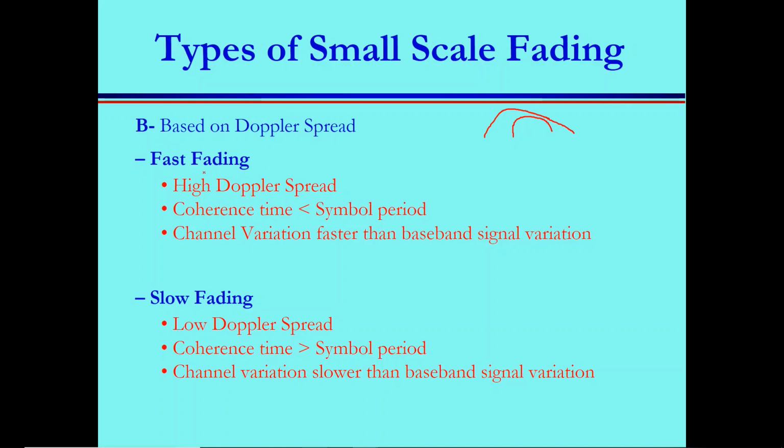Now, delay spread and Doppler spread, although they cause intersymbol interference and inter-frequency interference, or inter-carrier interference, they are bad, yes, but on the other hand, they produce diversity in your system. What does diversity mean?